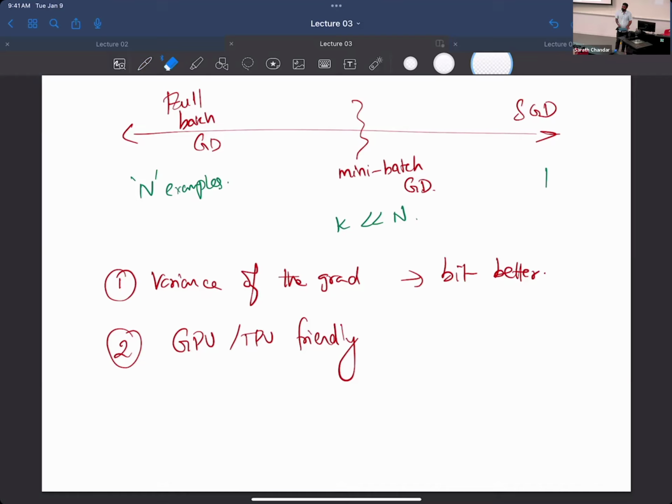TPU stands for tensor processing unit. It's similar to GPUs, but more optimized for matrix multiplication. An interesting fact is that GPUs were invented not for machine learning, but primarily for games and graphics processing, where the main application was games.